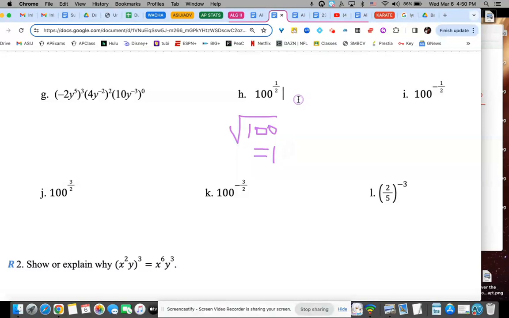right? But if that was a 3, let's imagine this was a 3. If that was, then I'd have the cube root of 100, which in this case doesn't come out very nice, but a lot of times you get numbers that you could do, like the cube root of 27, for example, would be 3, right? So that's a possibility, something like that.